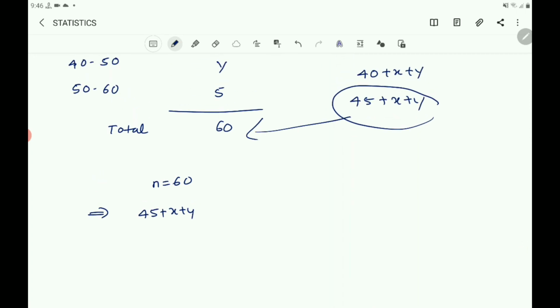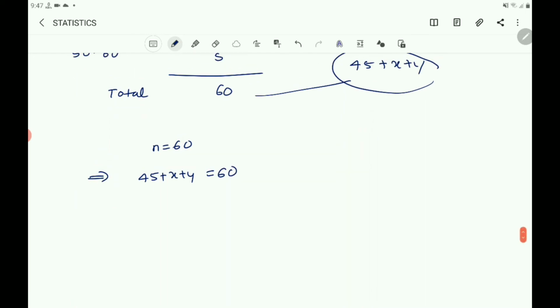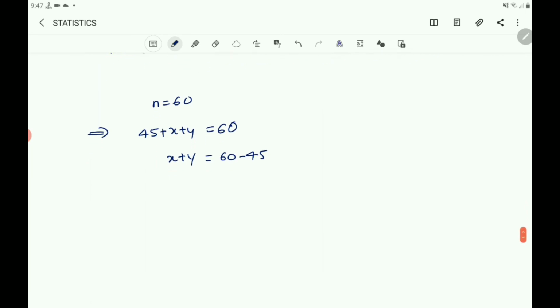So x plus y equals 60 minus 45, that is x plus y equals 15.